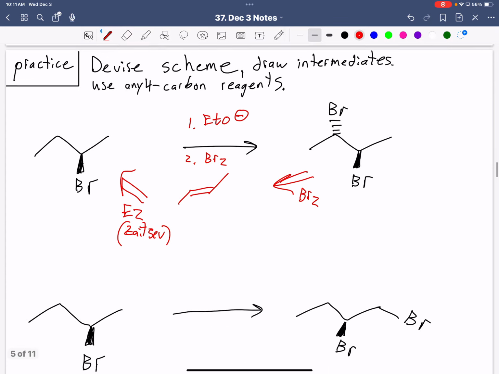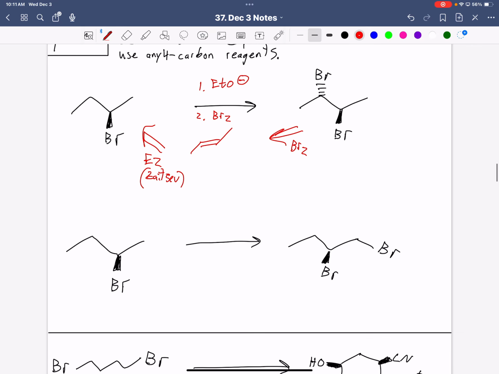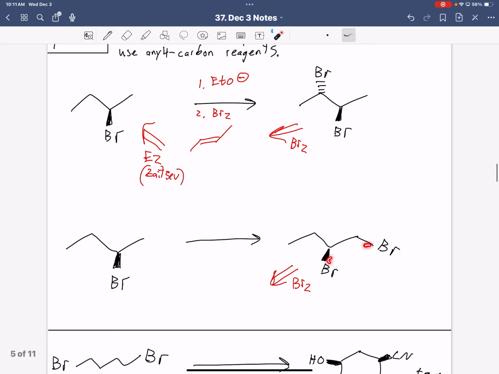And Br2, great. Two bromines, that's probably Br2. We can't really tell it's anti because this isn't a chiral center, but these certainly could have been anti-addition. And that's coming from this terminal alkene.